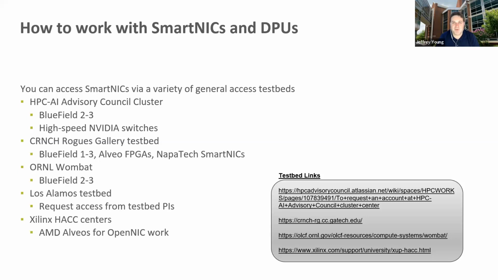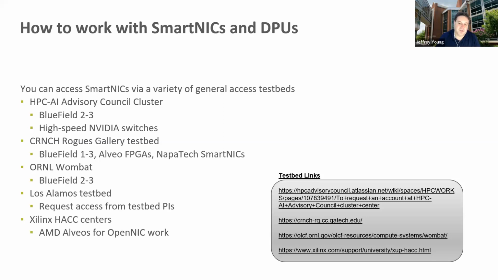If you're interested in that one, we can put you in touch with the PI, but I don't think they have a webpage. And I would be remiss if I didn't note that AMD Xilinx has this program they call ACCE or HACC, so you can potentially use an AMD Alveo for some kind of OpenNIC type framework stuff.